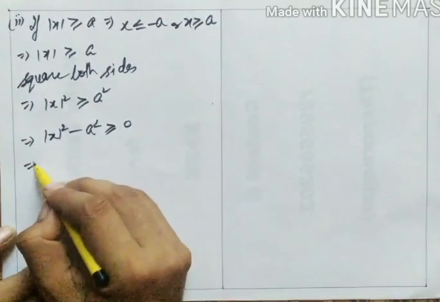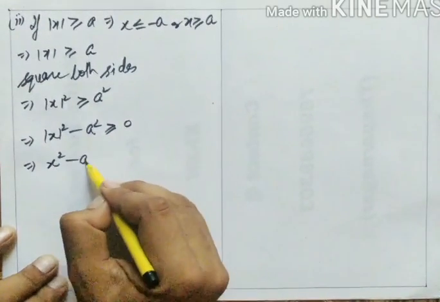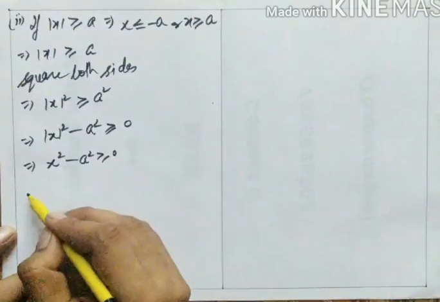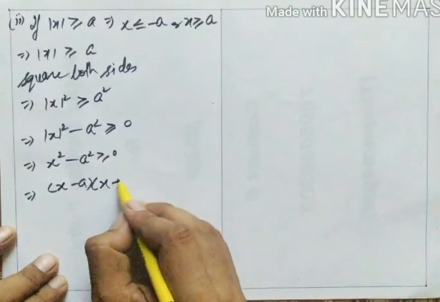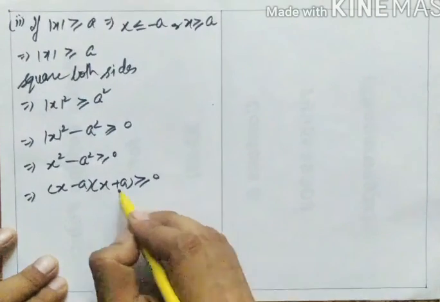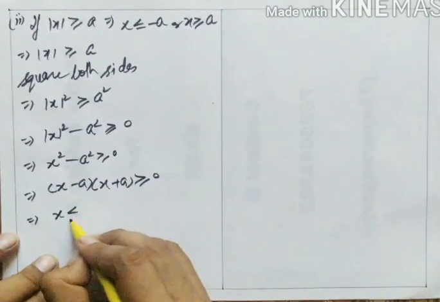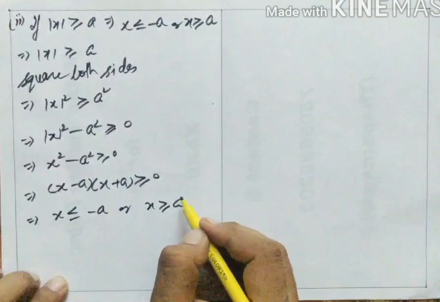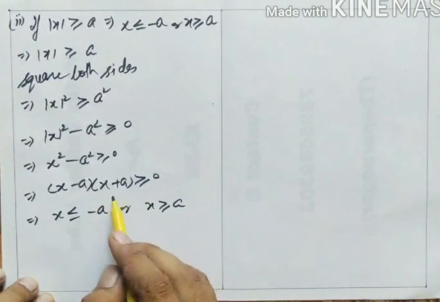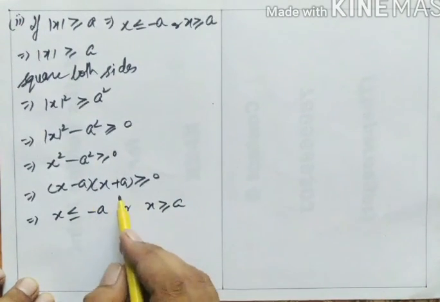Now mod of x squared will be simply replaced by x squared, so x squared minus A squared is greater than or equal to 0. So this will become x minus A into x plus A is greater than or equal to 0. So that means x is less than or equal to minus A or x is greater than or equal to A, because this is a very popular inequality which we have studied before also by method of intervals.